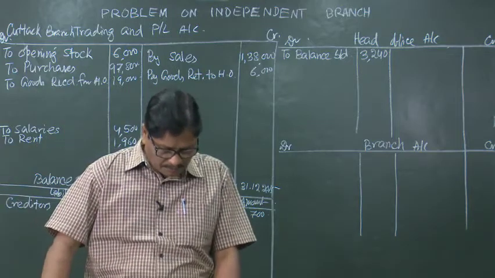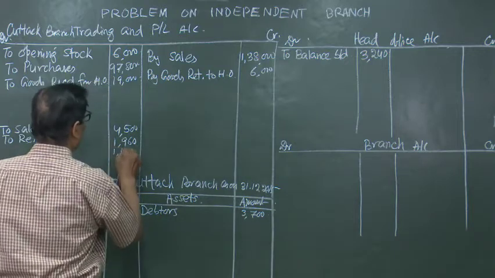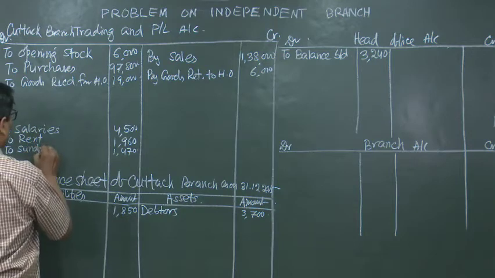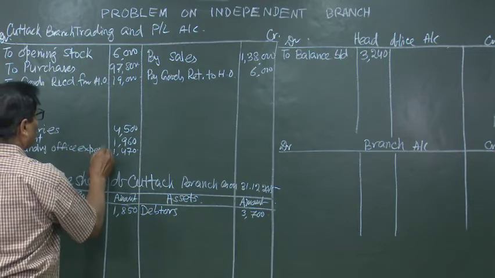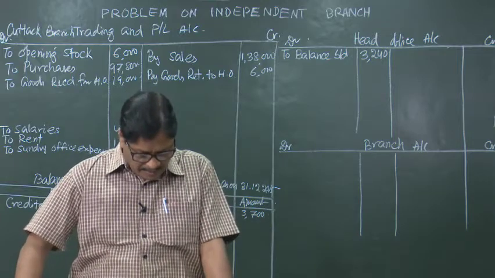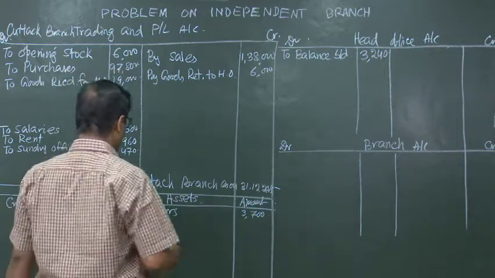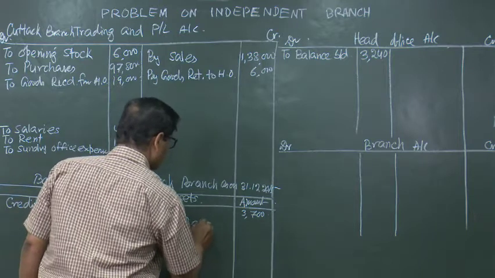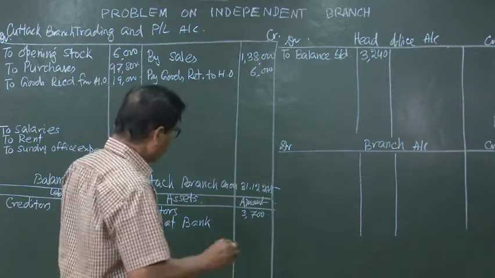Then we have got sundry office expenses 1,470, that is, to sundry office expenses 1,470. Next item is cash at bank 1,780. This is an asset. So, on the asset side cash at bank 1,780.